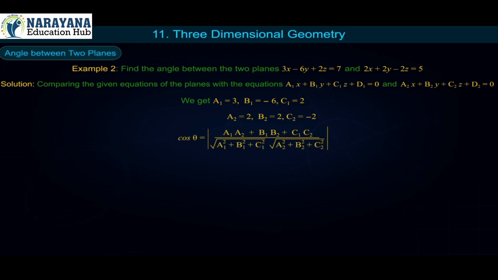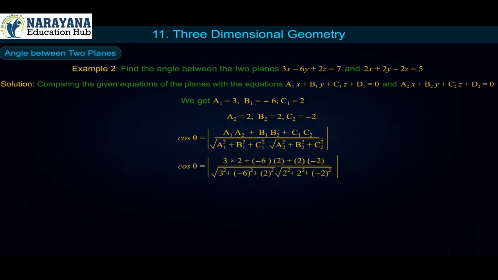Cos theta = modulus of a1a2 + b1b2 + c1c2 upon square root of a1 square + b1 square + c1 square into square root of a2 square + b2 square + c2 square.